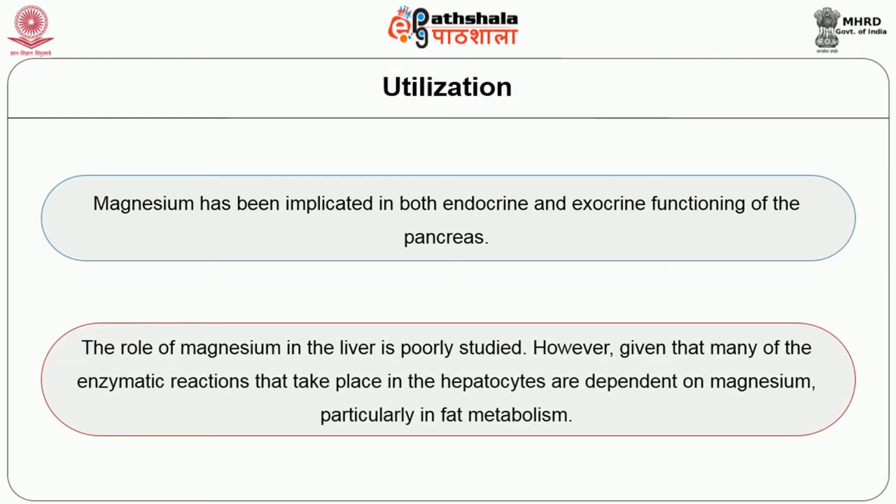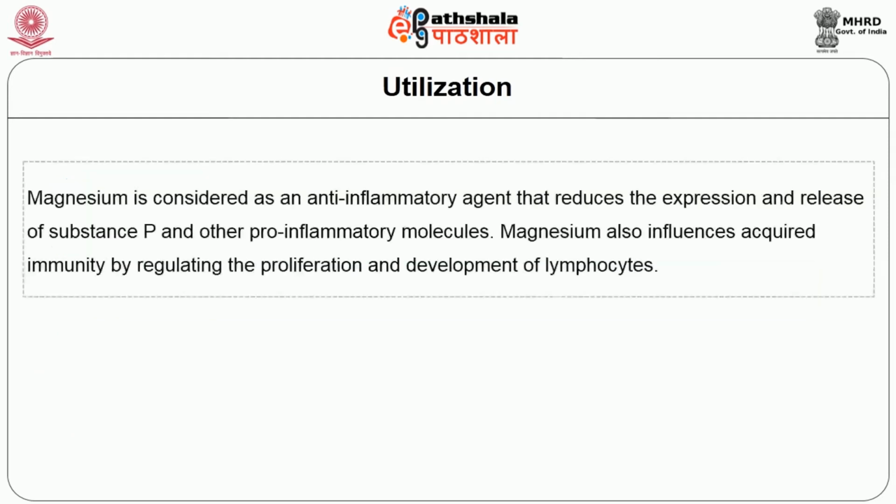However, given that many of the enzymatic reactions that take place in the hepatocytes are dependent on magnesium, particularly in fat metabolism, magnesium is considered an anti-inflammatory agent that reduces the expression and release of substance P and other pro-inflammatory molecules.